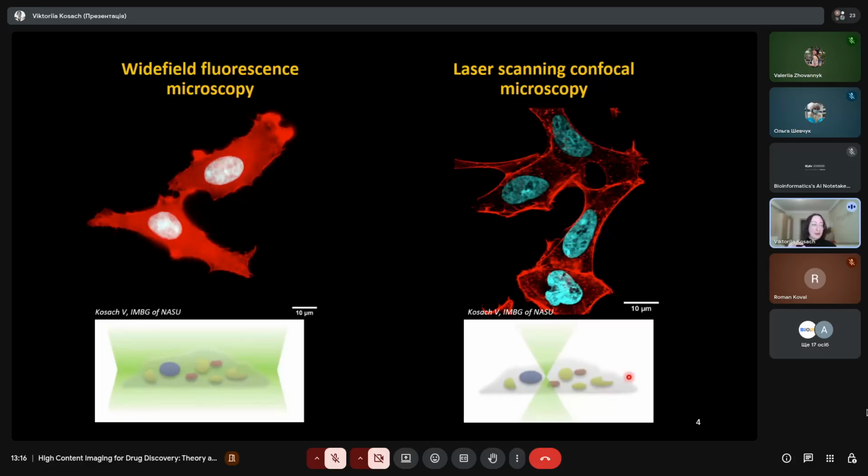Actually, these microscopes are very nice for live cell imaging because they are fast and less toxic. And there are research microscopes like that, and there are automated microscopes from Perkin-Elmer, for example, with the same technique.